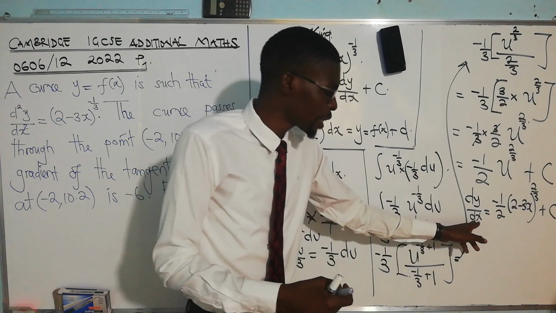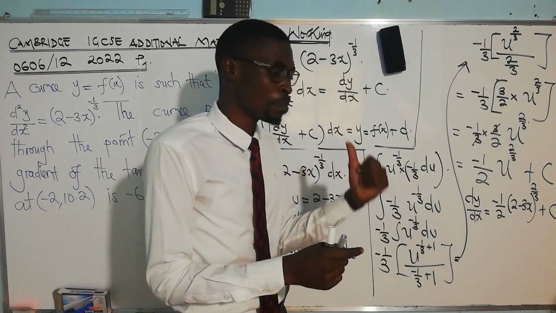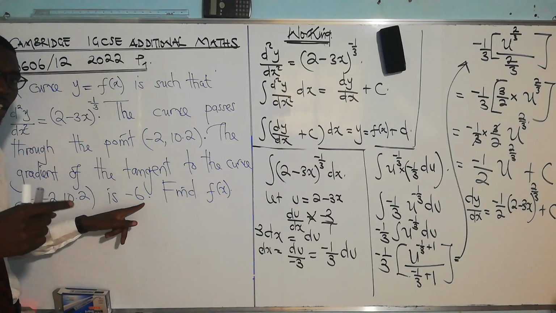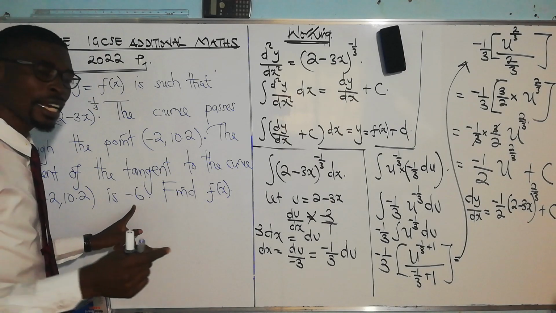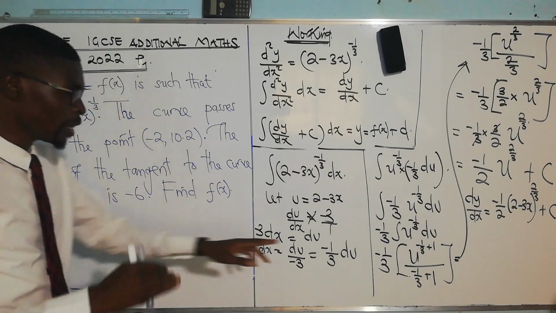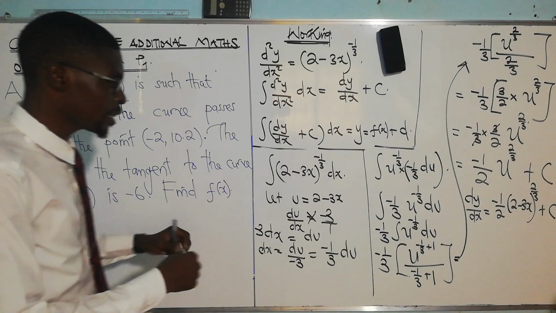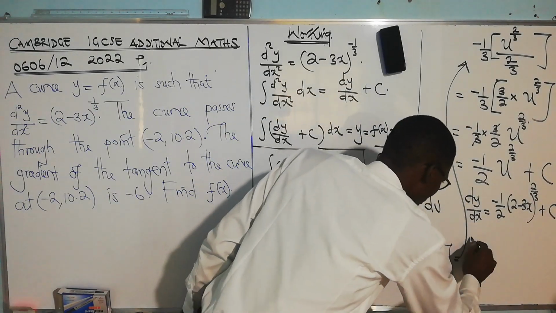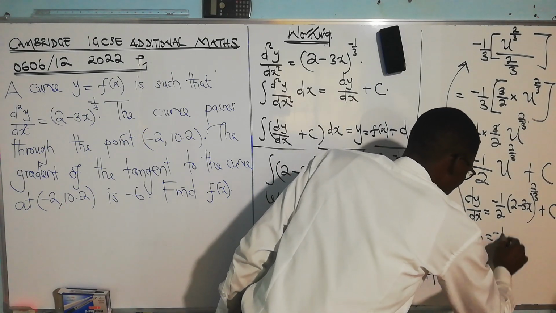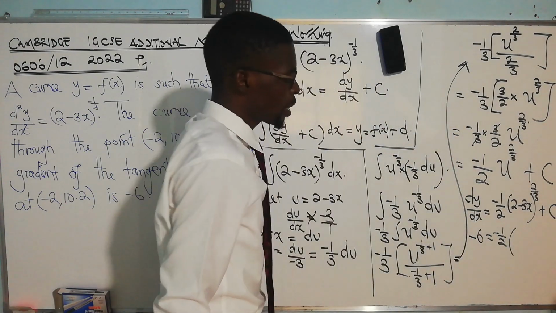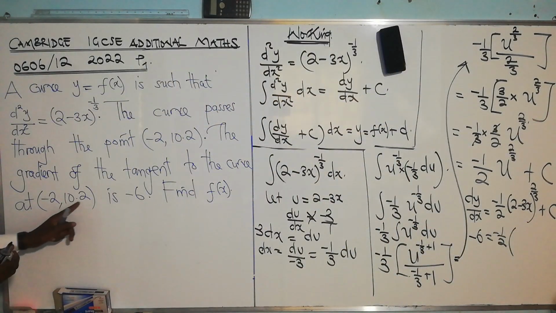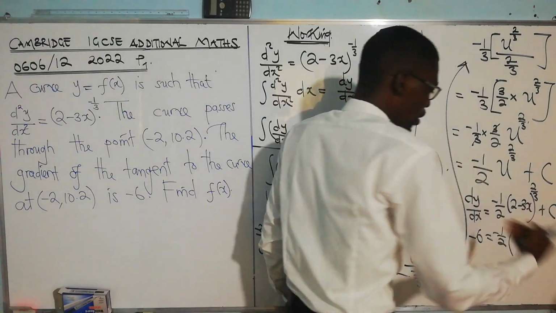But what are we told about the gradient of the tangent at that point? At that point, the gradient is negative 6. And the gradient of a tangent, like I mentioned earlier on, is equal to the gradient of the curve. So where there is dy dx, I'll put negative 6. To solve for c, negative 6 is equal to negative 1 over 2. I know what x is at that particular point. At negative 2, 10.2, the x coordinate is negative 2 here. So where there is x in this function, I'll put negative 2.